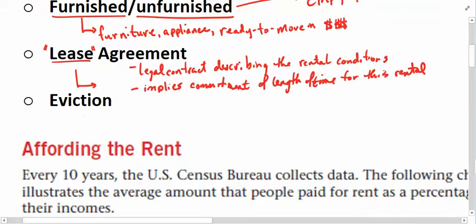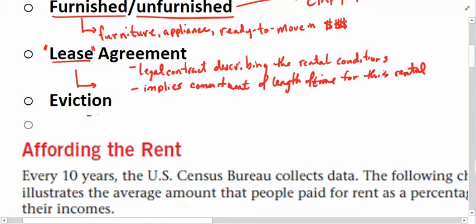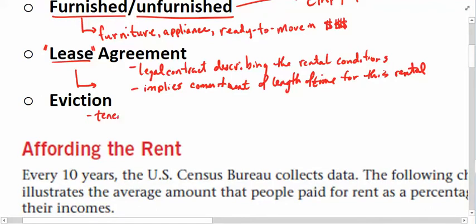So really, eviction only happens when the tenant violates the lease agreement.